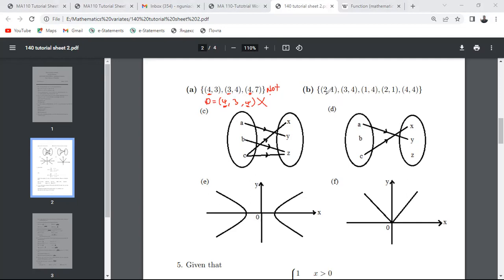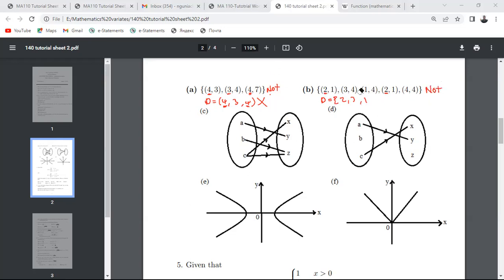Then we come here, we list the domain. We have 2, we have 3, we have 1. And unfortunately, the 2 appears again for the second time, which kills everything. So even this one is not a function.